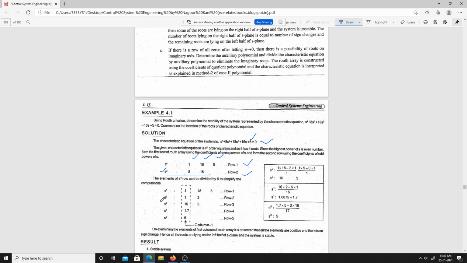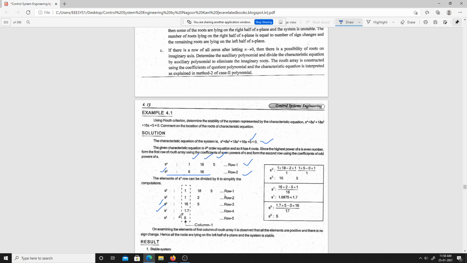So I need to consider the s power 2 row. How can I compute it here: 1 into 18 minus 2 into 1, by 1. Is it clear? That is the first element, that is 16. And for the next one, 1 into 5 minus 0, by 1, so it will be 5. So 16 and 5 is the s power 2 row.